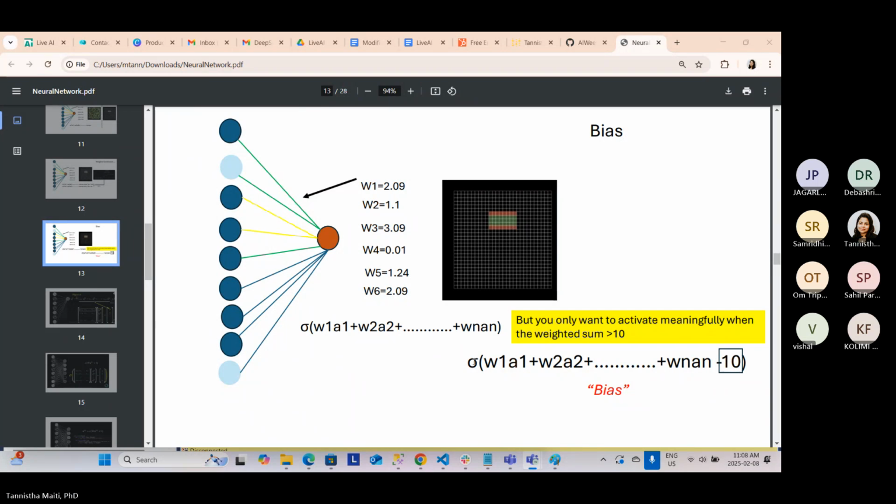If I don't have a bias and I just have this value as it is, it can become very high, but I only want something where the value is above 10. Let's say this value is about 100 minus 10.